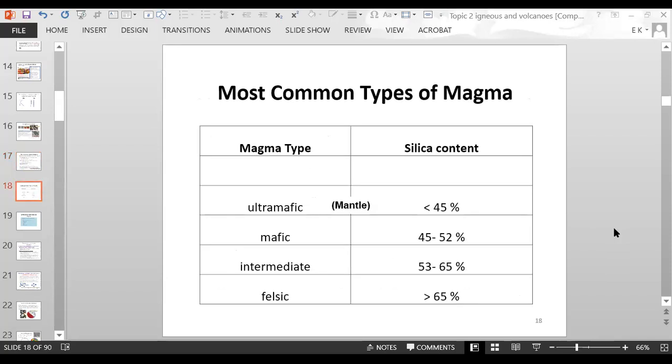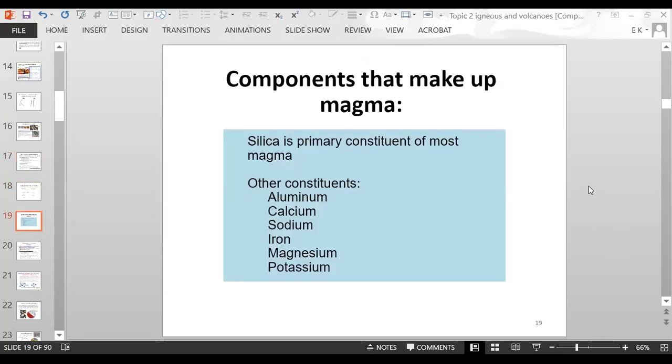So then here's the same information, but I put it in a chart form. Here's your magma types and your silica content. And then this is a list of other components that make up magma or lava. Magma is pretty much the same as lava.